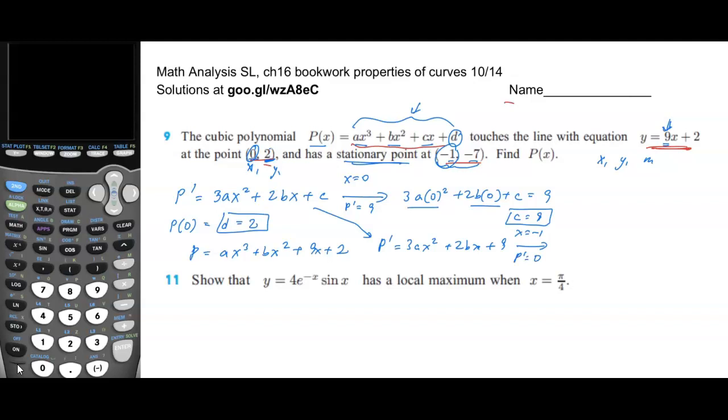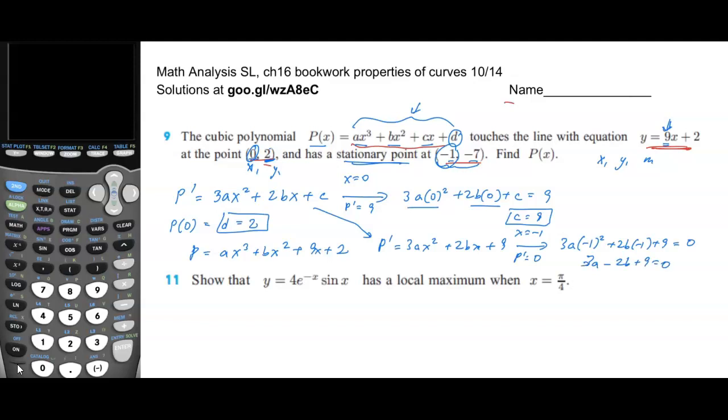So let's plug those in and see if we can get more information. 3a(-1) squared plus 2b(-1) plus 9 equals 0. So this gives us 3a minus 2b plus 9 equals 0.